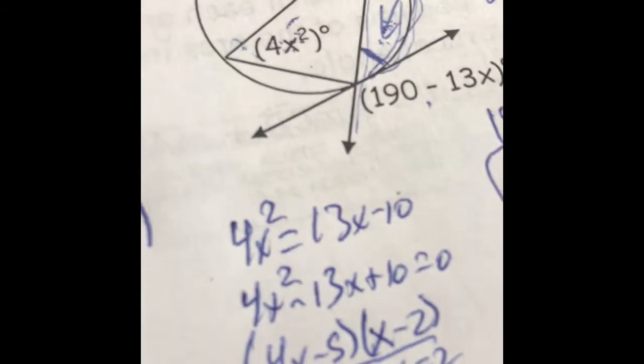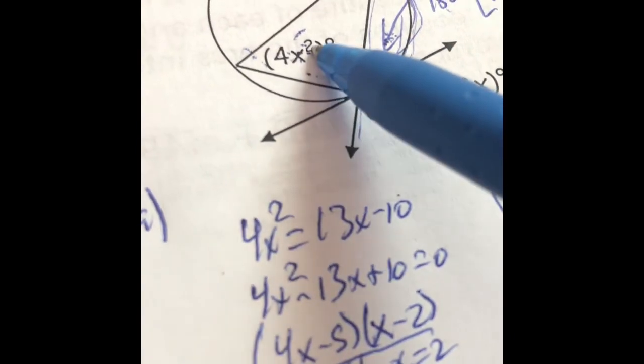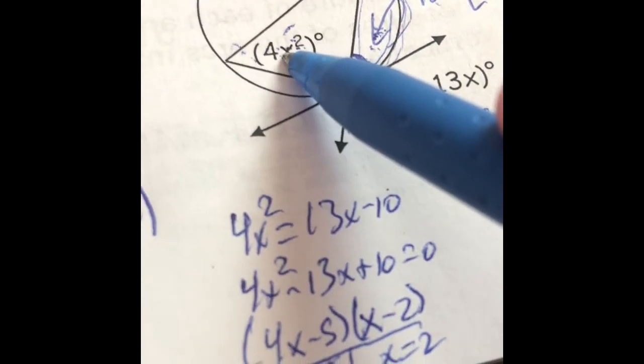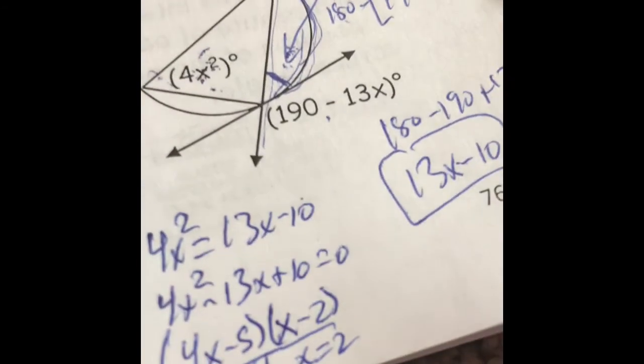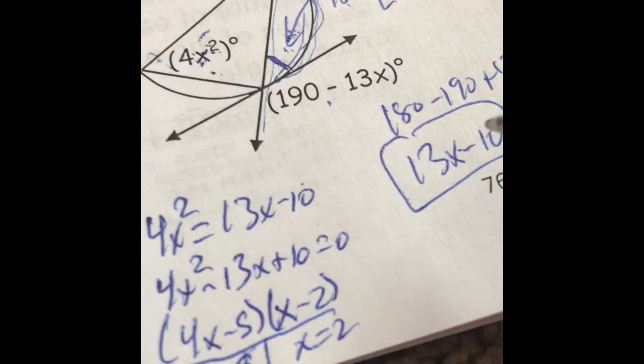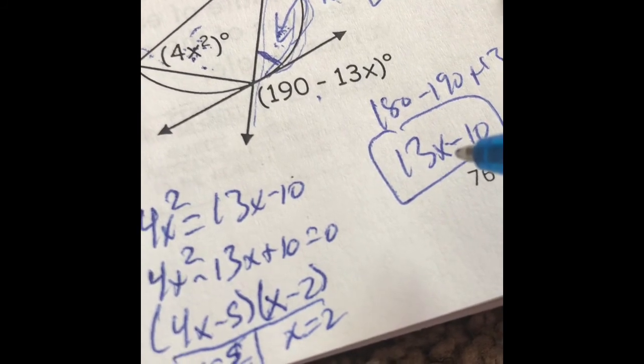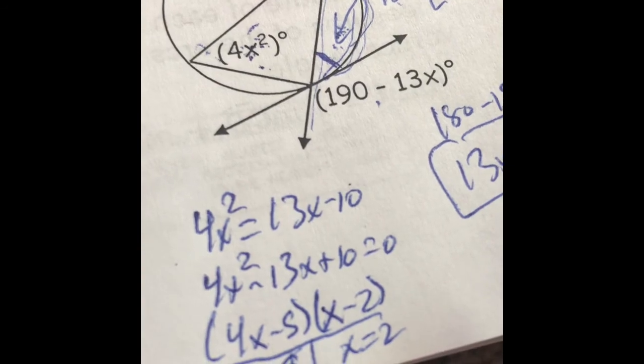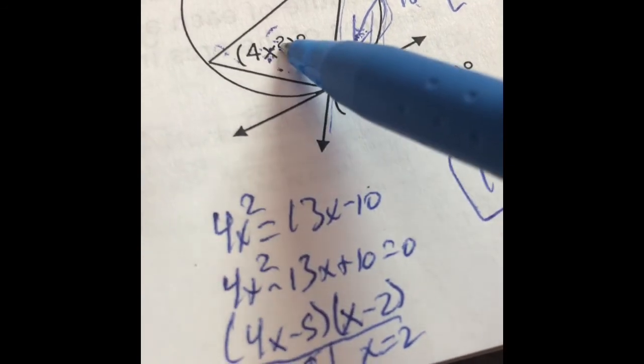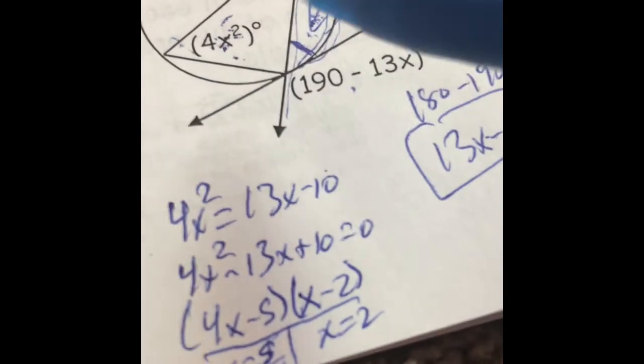If you plug 2 into x, you're going to get a 16-degree angle, which works. Sorry, when you plug 2 into x here, 2 times 2 is 4, 4 times 4 is 16, a 16-degree angle.